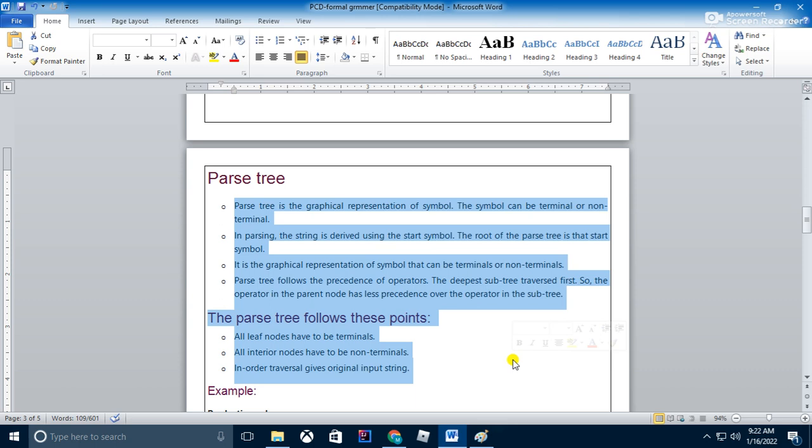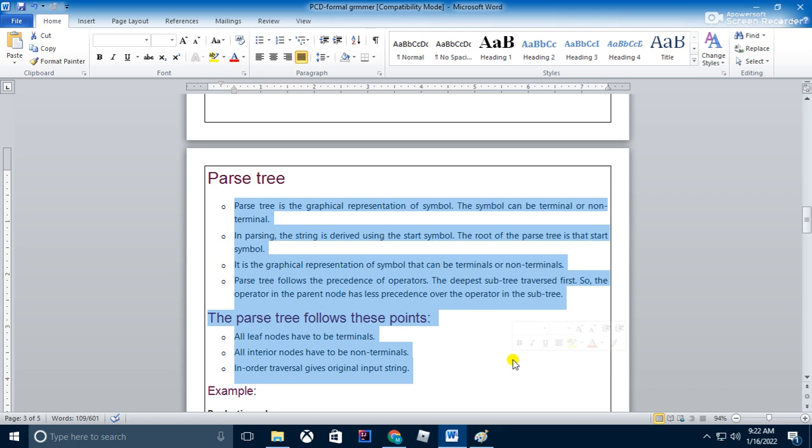So in our next video we are going to discuss examples based on the parse tree: how to construct the parse tree, what different notations and examples can be used in the construction process, how to replace the production rules, and what conventions can be followed during the construction of the parse tree.